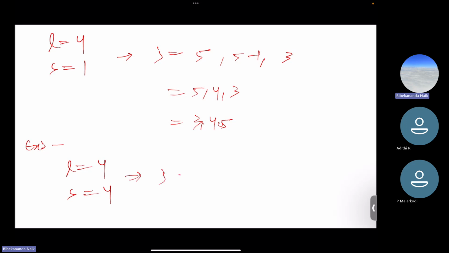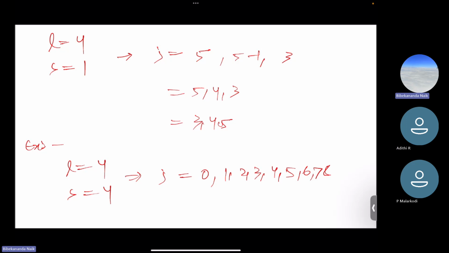Then what will be the value of J? It starts from 0 and goes up to 8. Exactly. L minus S is 0 and L plus S is 8. So it will be 0, 1, 2, 3, 4, 5, 6, 7, and 8. So it depends upon the values of S and L how many values of J we can get. Is this clear to you?